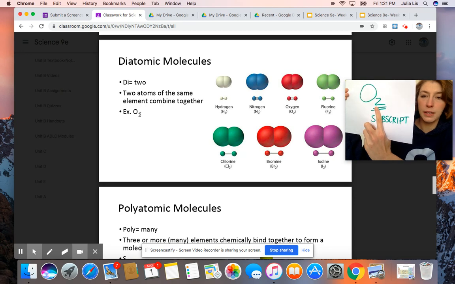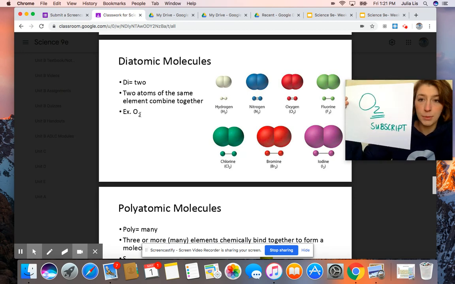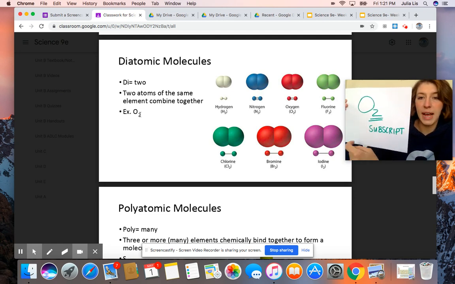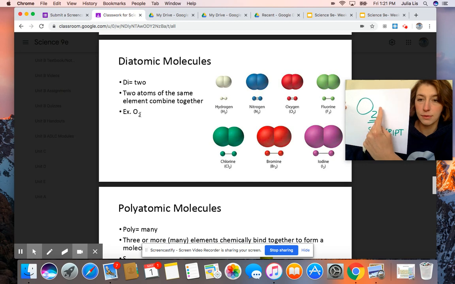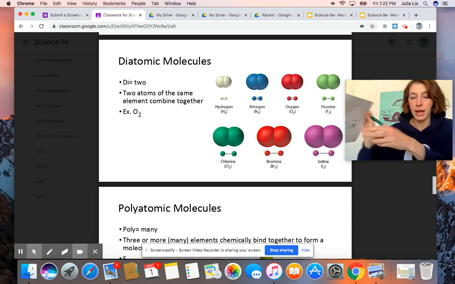So the smaller numbers at the base down here are called subscripts. And what they mean is that they represent how many atoms you have of that element. So here it's showing me that I have 2 oxygen atoms.